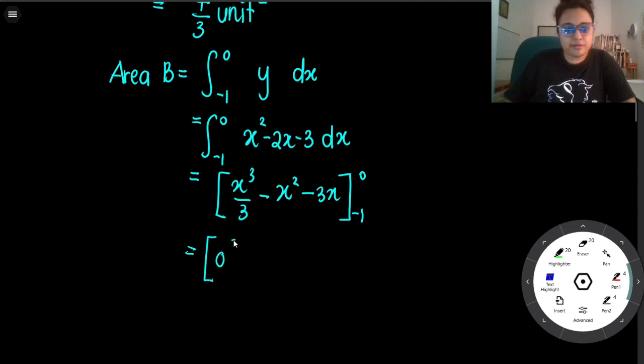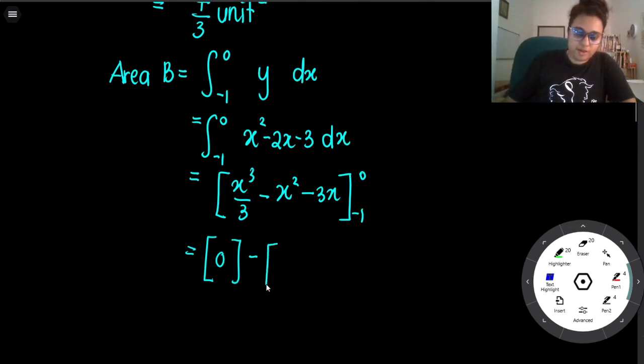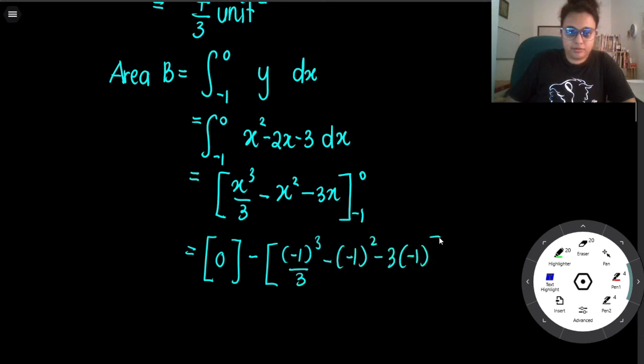Substituting 0 usually makes the entire equation become 0, so you usually don't have to write it. And then here put bracket. I think here we should know the answer already. 0 minus, negative 1 over 3 minus 1 plus 3.